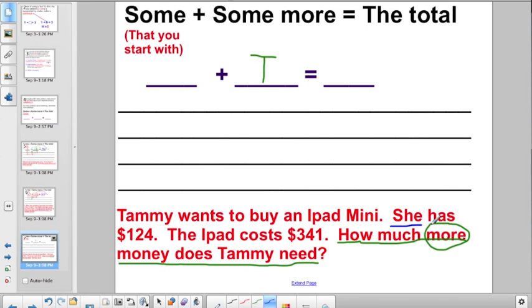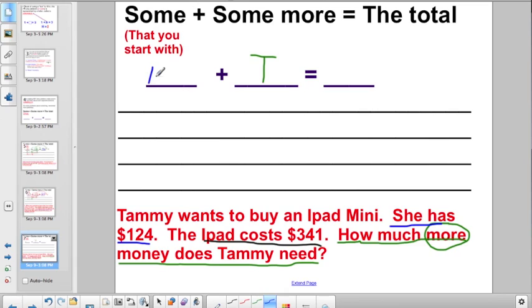She has $124, but the iPad costs $341. So she has $124. Is that some of the money she's starting with, or the total amount of money she needs?